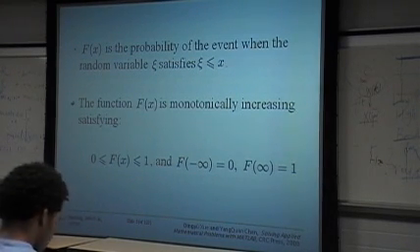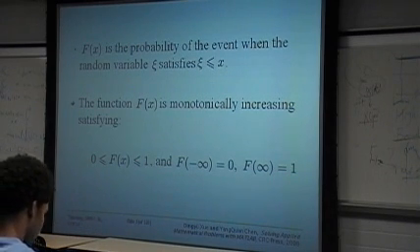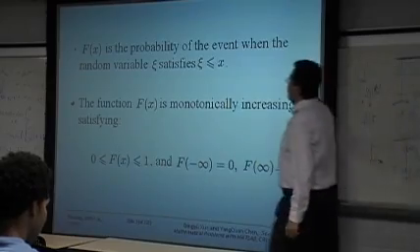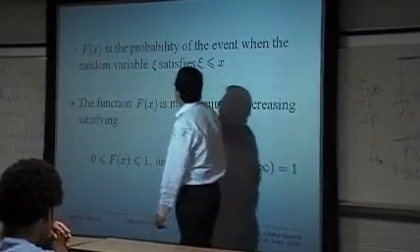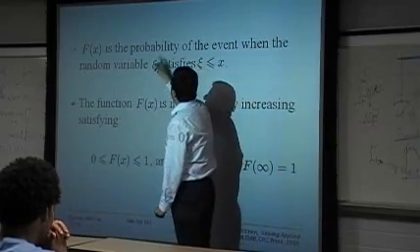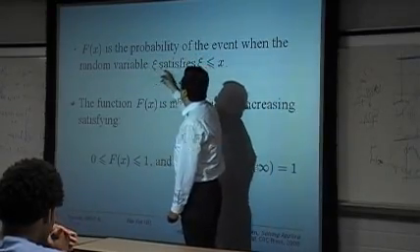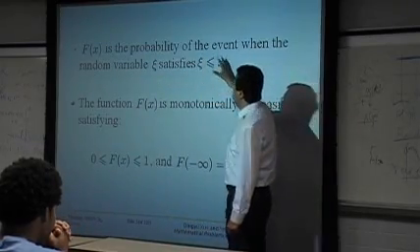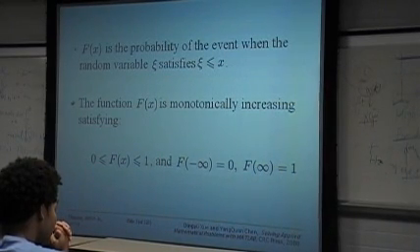So if theta is a random variable, then the physical meaning of f of x means that it indicates the probability of the variable satisfy this relationship. So this is the definition and it's a physical interpretation of the function.